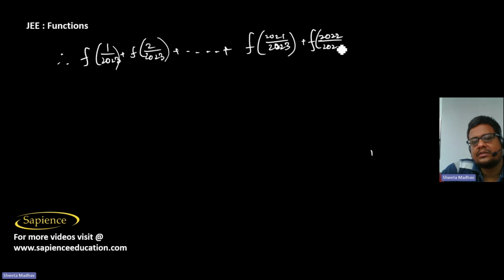So now therefore f of 1 by 2023 plus f of 2 by 2023 plus dot dot plus till f of 2021 by 2023 plus f of 2022 by 2023.